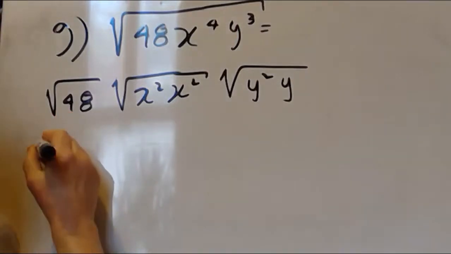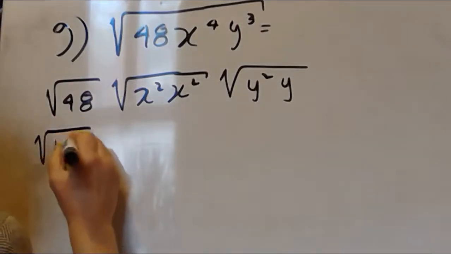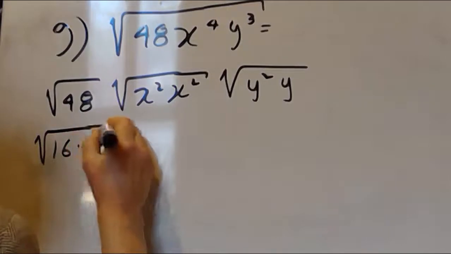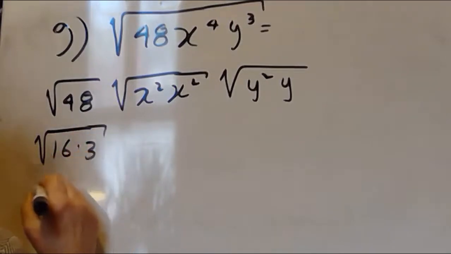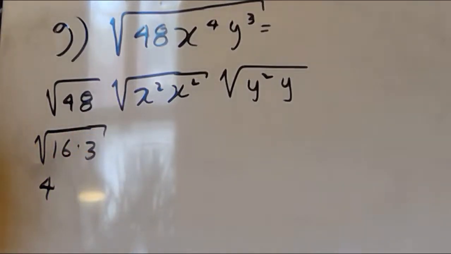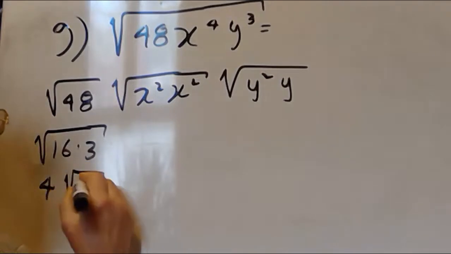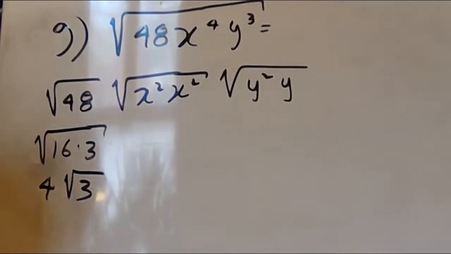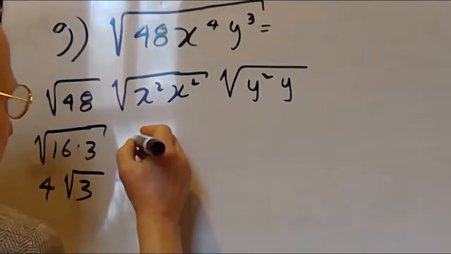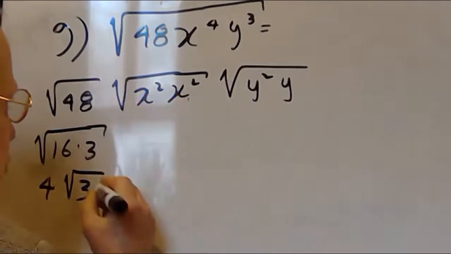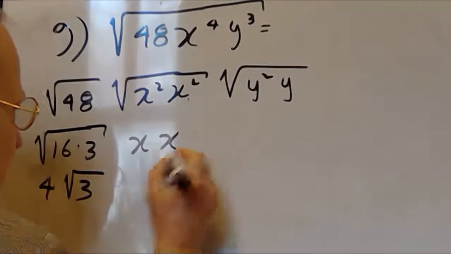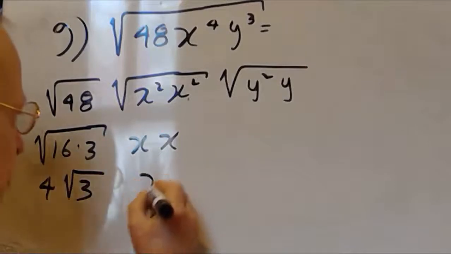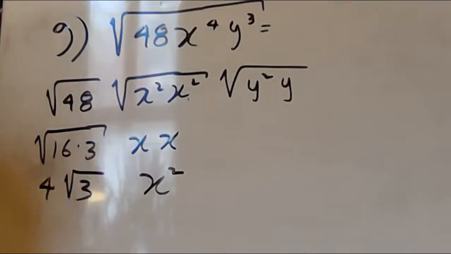So 48, it turns out, is 16 times 3. So we have the perfect square 16, which is 4, and then the square root of 3 left over. Here we can take 2 of these out of the radical sign and get x squared.